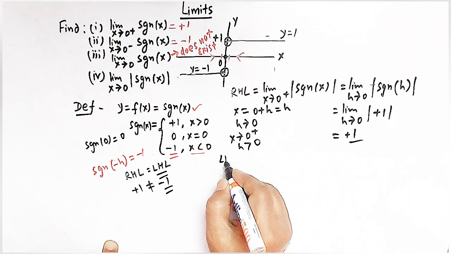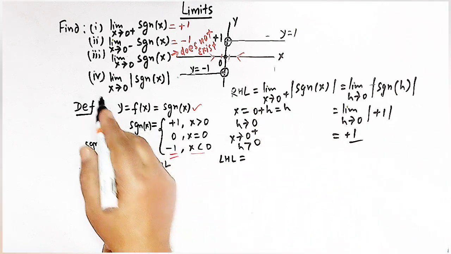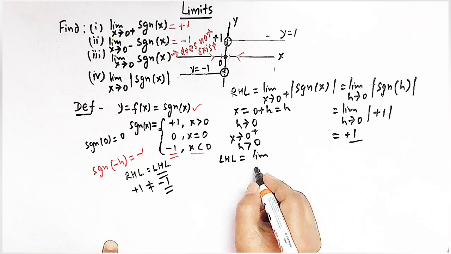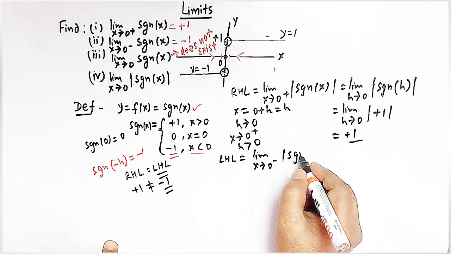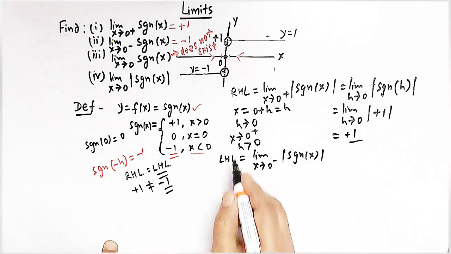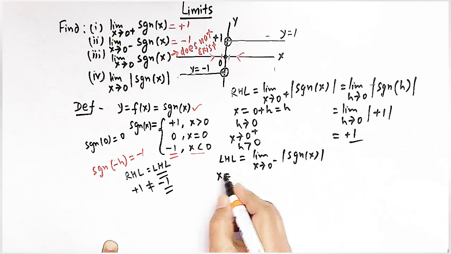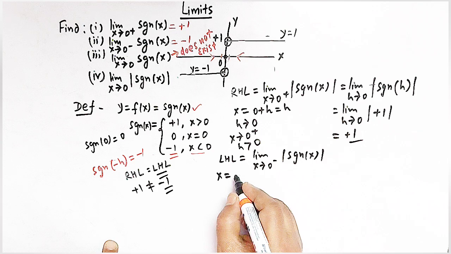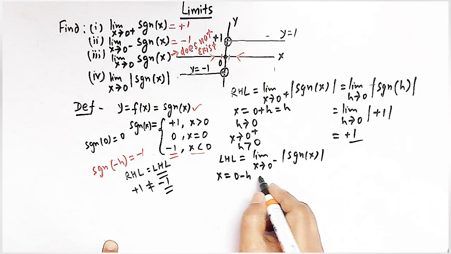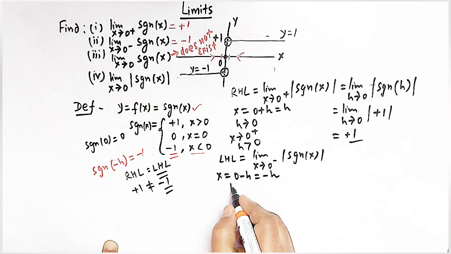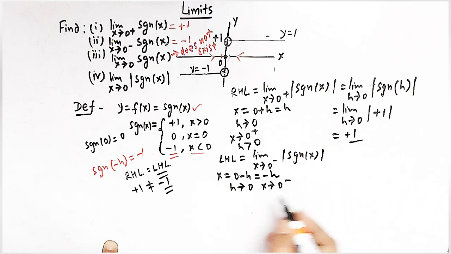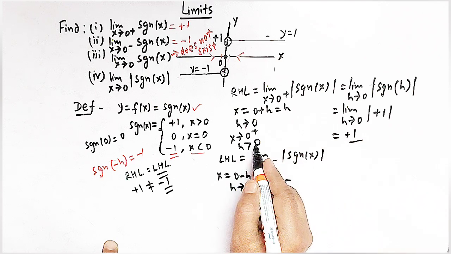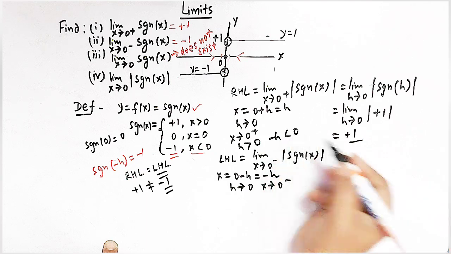Let us now find out the left hand limit. Here we have the limit as x tends to 0 minus of mod of signum of x, and again we'll follow the same steps. X is equal to 0 minus h, that is minus h, which tends to 0 when x tends to 0, and h is greater than 0, so minus h is less than 0.